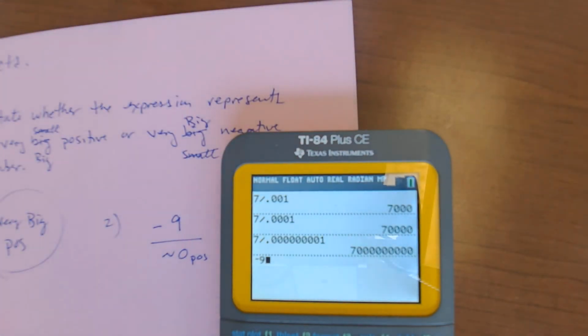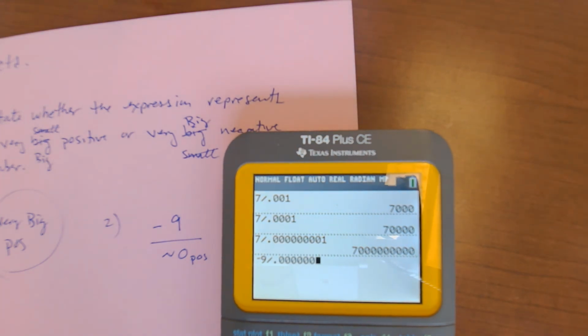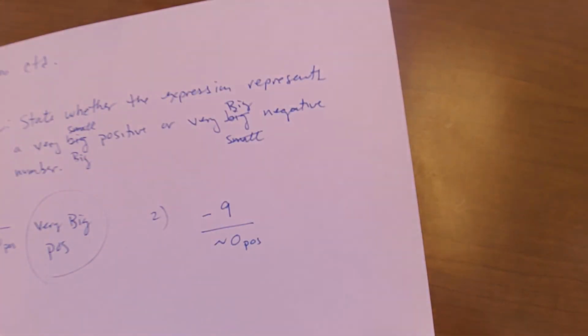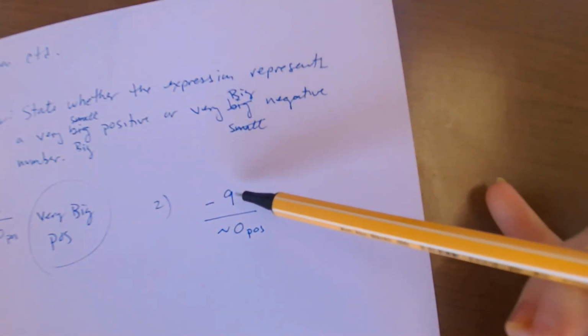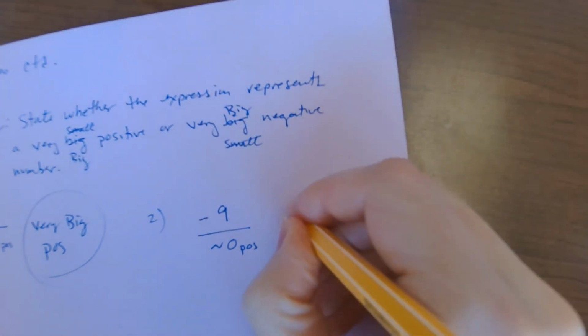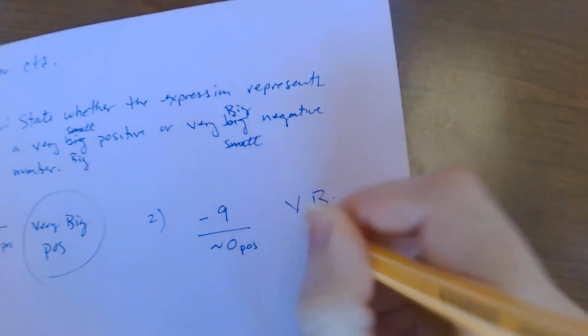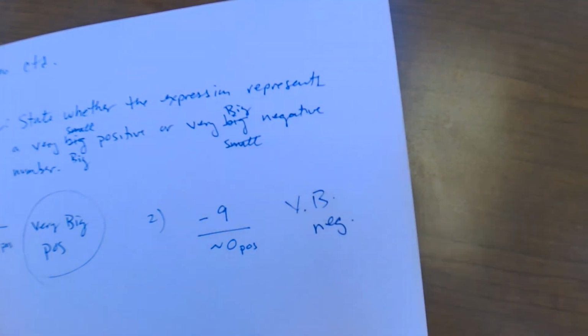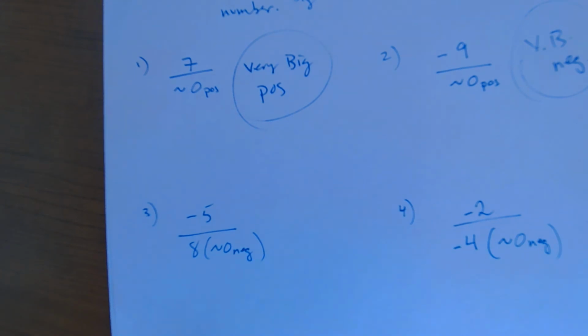Just for effect, let me show you -9 divided by 0.00001. So that's a very big negative number. Again, if you didn't use your calculator, a negative divided by a positive is a negative. So I'll say very big, VB negative, very big negative.